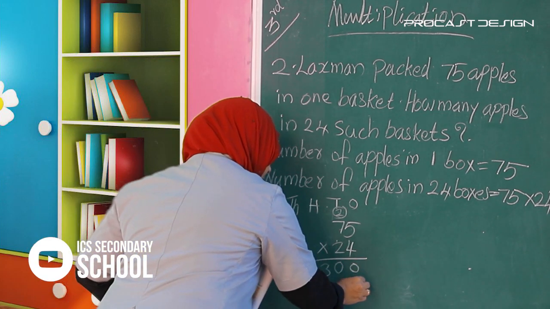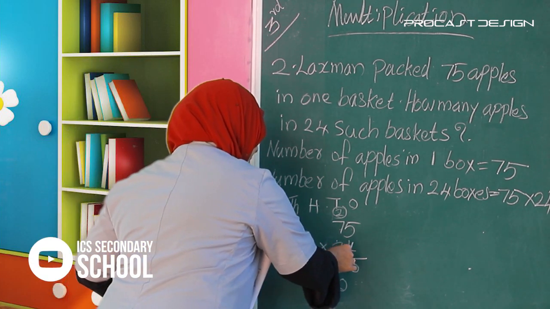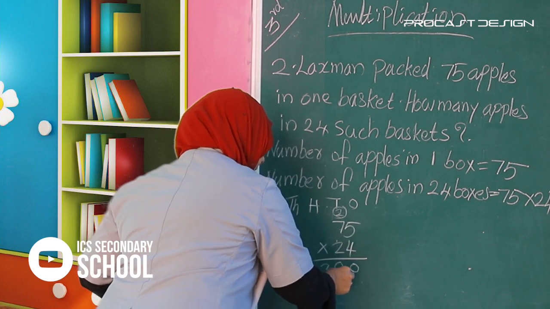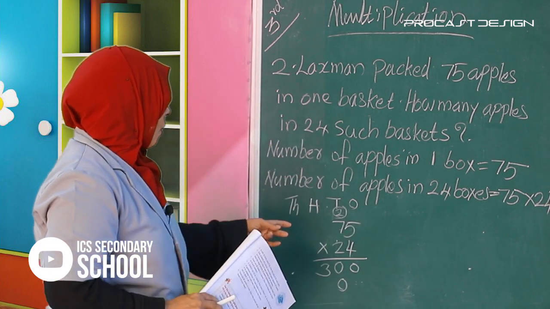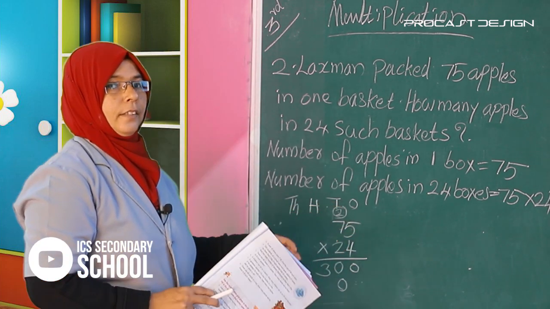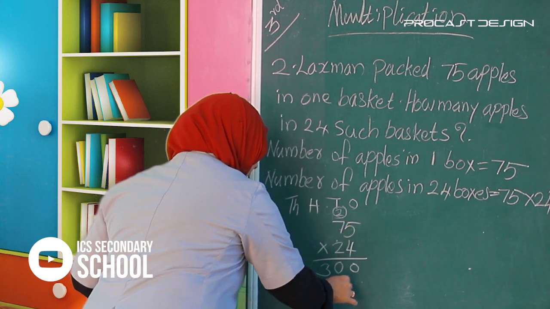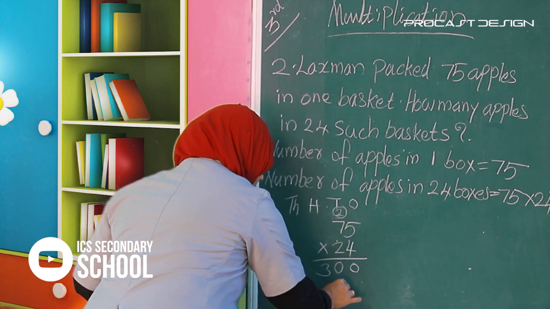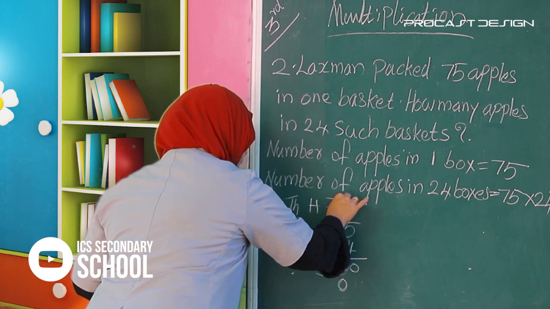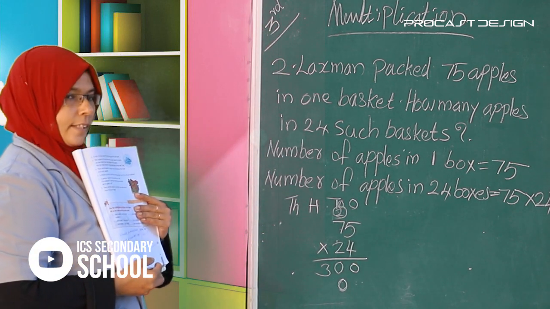There is no number in the ones place, 2 is the tens place number, so we write the product of 2 into 5 in the tens place. Write 0 in the tens place and carry 1.